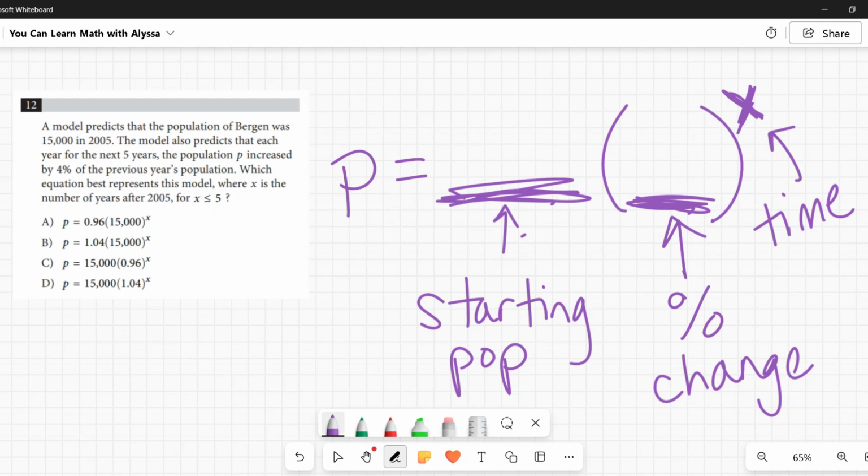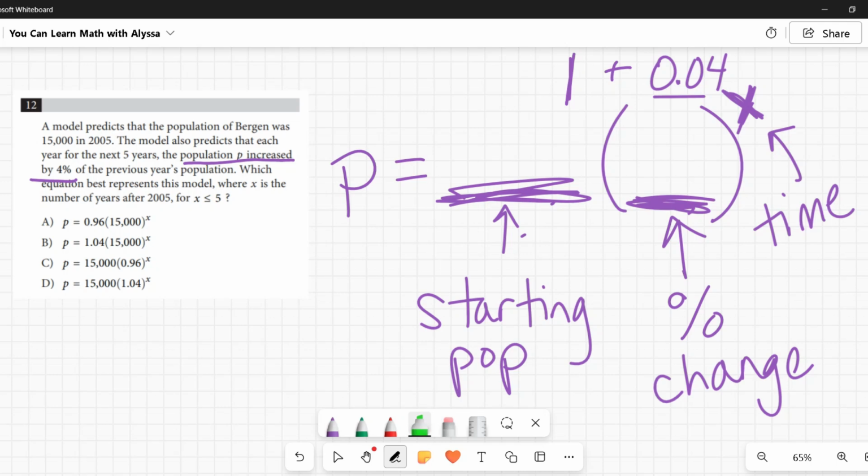This is going to be 100% or 1 plus or minus, depending if it's an increase or decrease, the percent of change. So this is the population increased by 4%. So it's 1 plus 4%, 1 plus 0.04. Not minus because it's an increase. Minus would be a decrease.